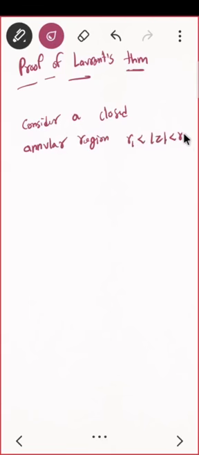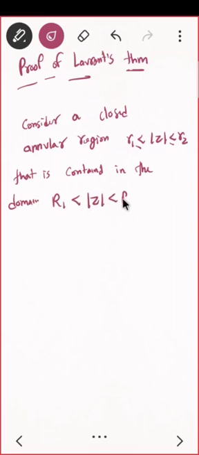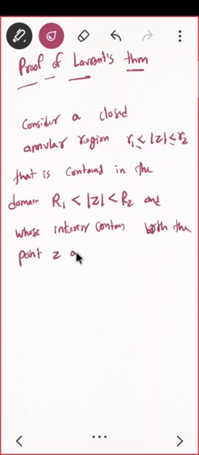So consider a closed annular region, say R1 is less than mod Z, that is less than R2, that is contained in the domain R1 less than mod Z, that is less than R2, and whose interior contains both the point Z and the contour.